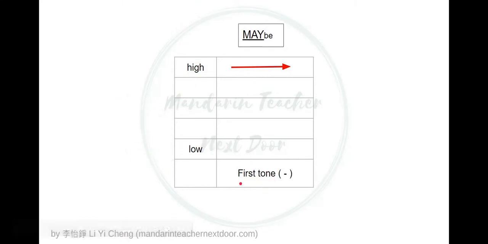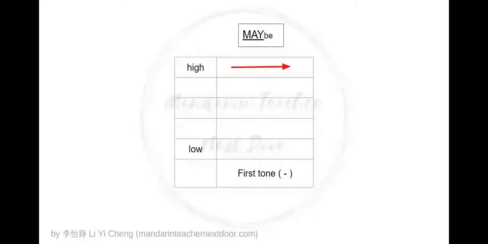Here, we're going to talk about first tone. The first tone's tone mark looks like this, just a horizontal line. You can see this arrow starts from high pitch all the way till the end. It only stays at the high pitch, so do not go down, do not go higher.